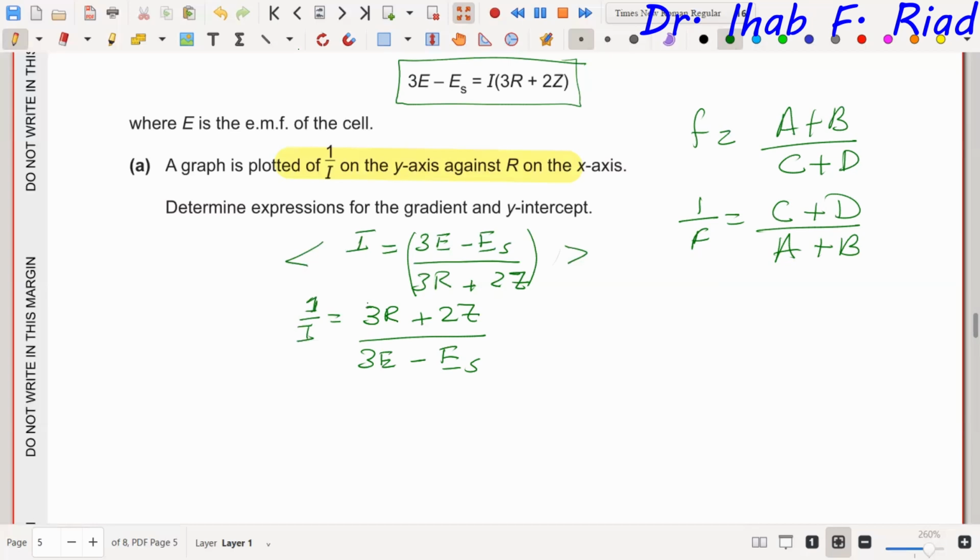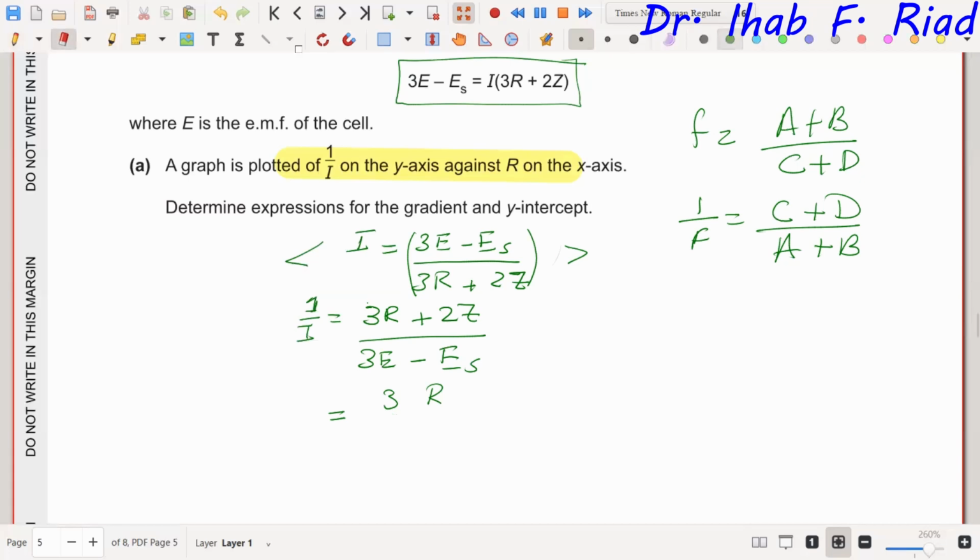Now, can we separate the independent variable from anything else? Yes. How do we do that? I will say 3R plus 2Z over 3E minus 3S.